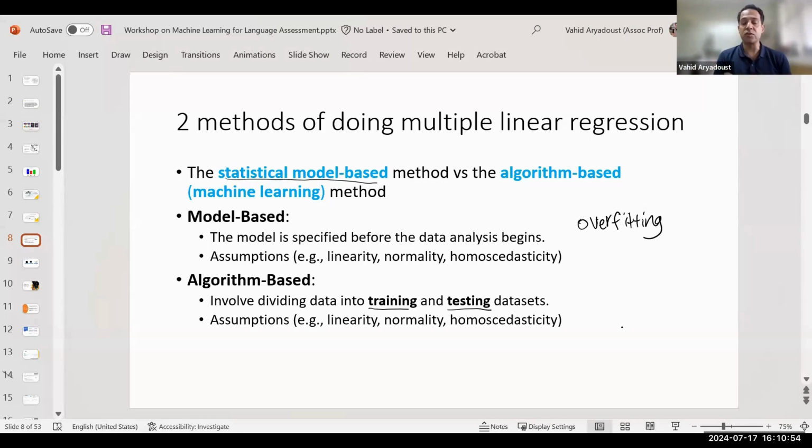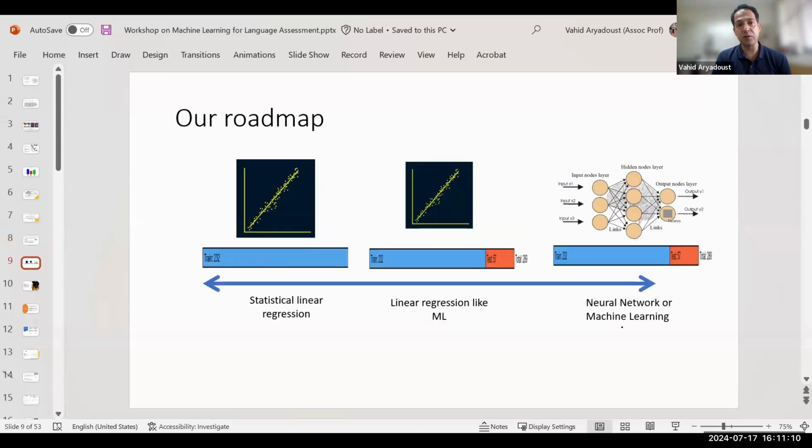So the efficiency and accuracy of your model is estimated based on not only its performance on the training data set, but also its performance on the testing data set, as opposed to the model-based data set. But this is something that I wanted you to remember.